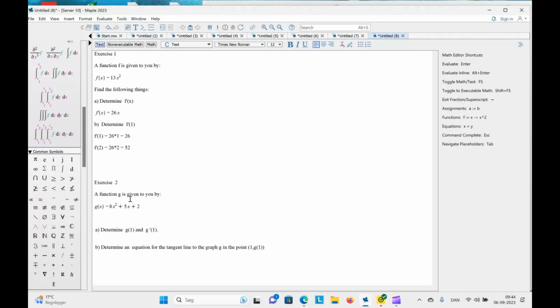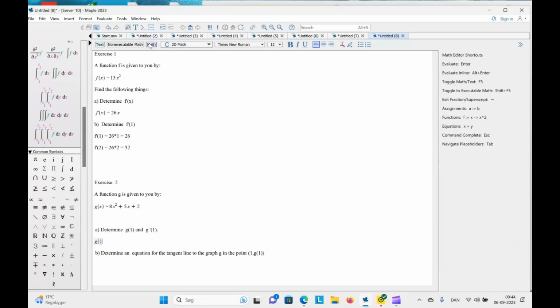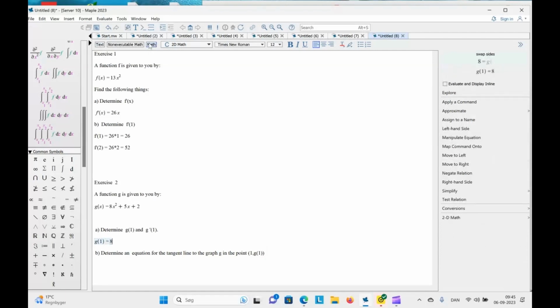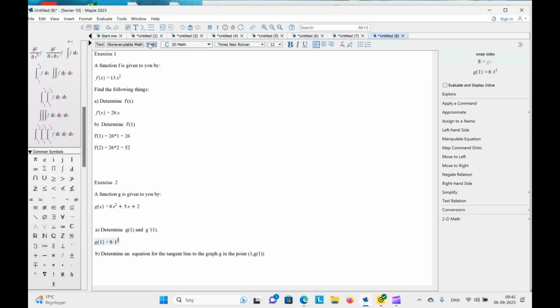A function g is given to you by this. We need to determine g of 1 and then g mark 1. And I guess you guys love my bad accent. The first one we don't need to do anything other than put 1 in.